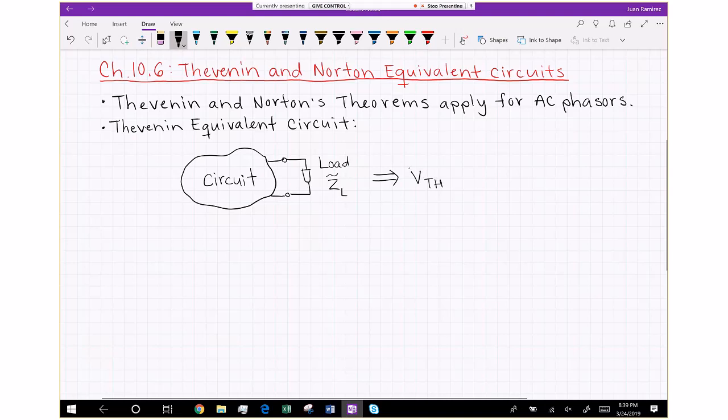But if we do have this arbitrary linear circuit, we can convert it into an equivalent voltage source with a series impedance.